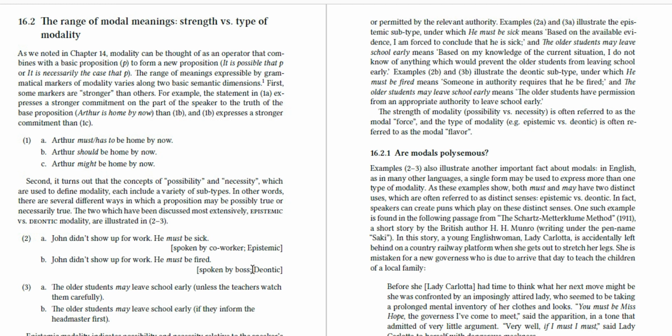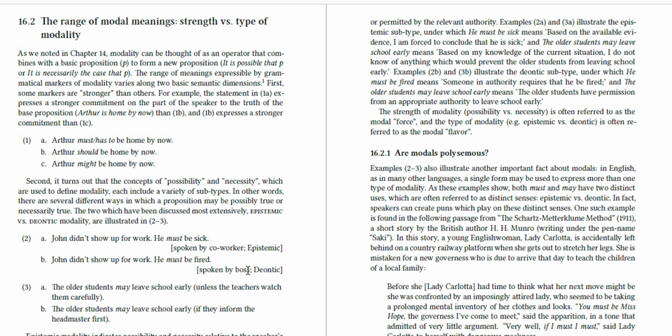Why? Because we can expect it as spoken by the boss. So the boss mentions something, and this is called deontic. Deontic means that we adhere to some code of behavior or set of rules.